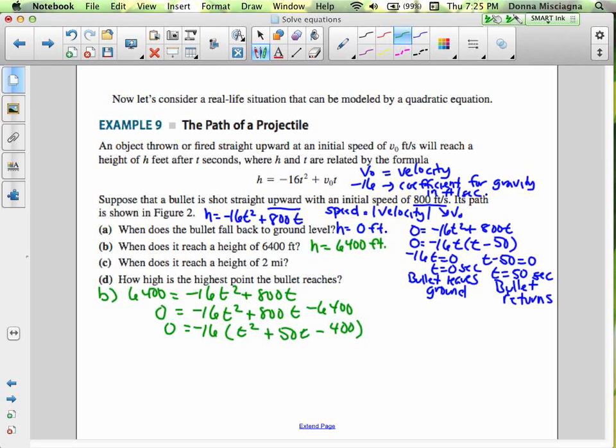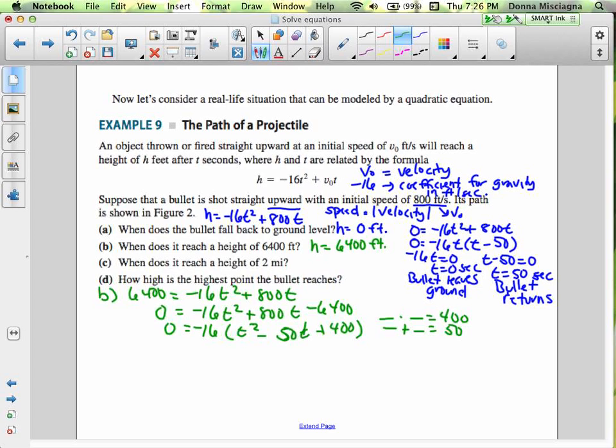And let's see, multiplies to give us 400, adds to give us negative. Sorry, we're dividing by negative. This one's a minus t, and that's a plus 400, right, because we're dividing by negative.